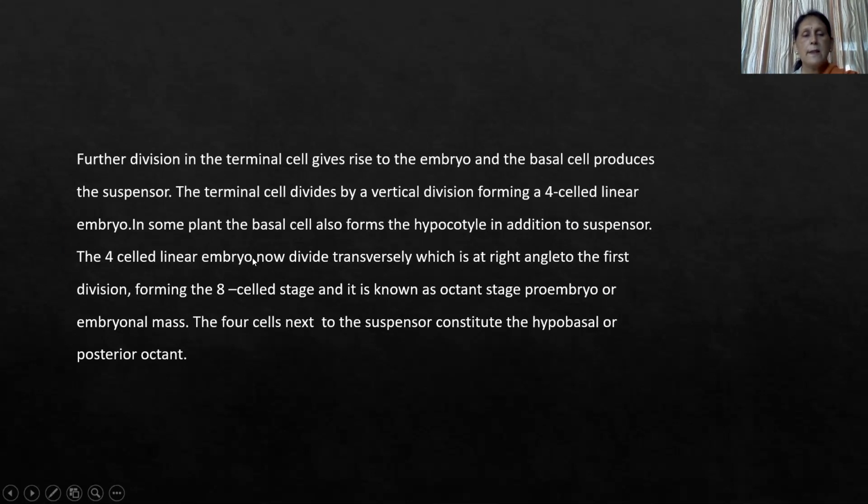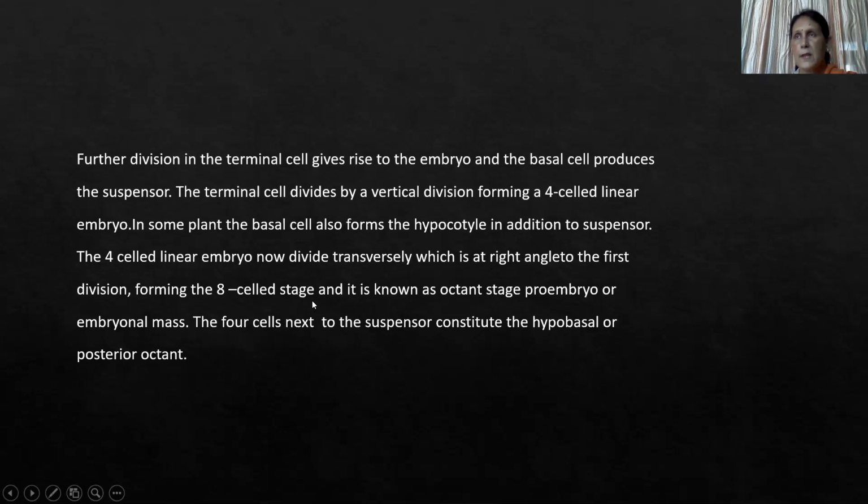The 4-cell linear embryo now divides transversely, at a right angle to the first division, and ultimately forms an 8-cell structure.